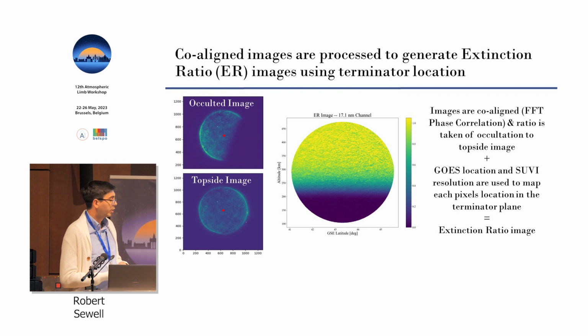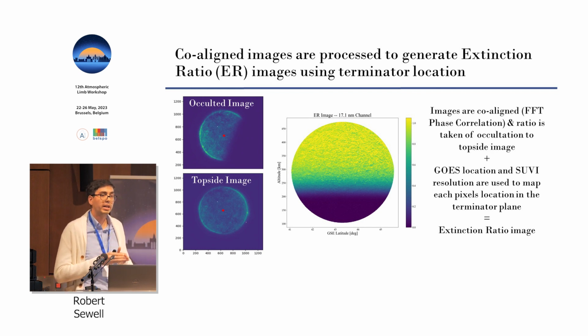So as I mentioned, first we need to get the transmission profile, and this starts with an occultation image from SUVI shown here. And in order to get the transmission, we need to know the state of the sun, and we use the most recent non-occulted image, what I call the topside image. And taking the ratio of this occulted image to the topside image gives us a transmission profile image shown here.